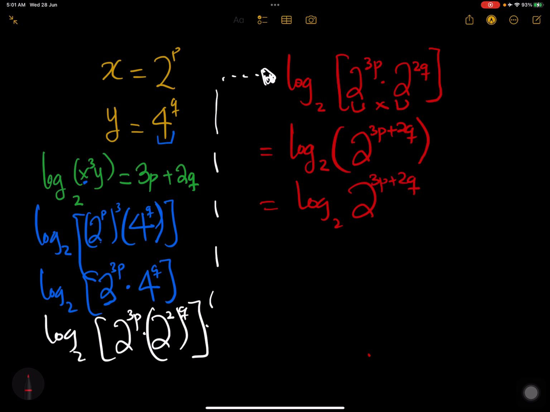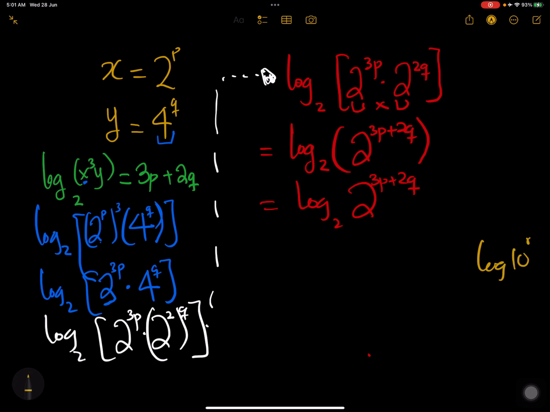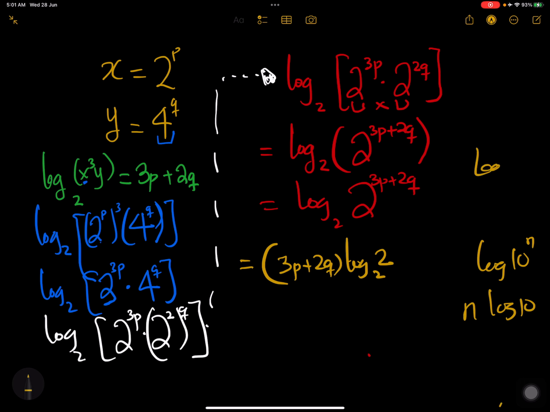Now remember the rule: if we have log of 10^n, we said that it's n log 10. We drop the n. So here too the same thing, the 3p plus 2q will drop, and then we're going to have log 2 to the base 2. Now, remember we said that log a to the base a is 1, they're the same.